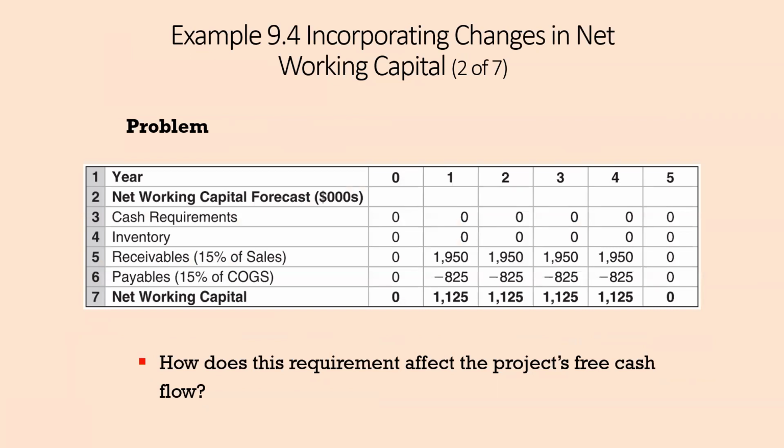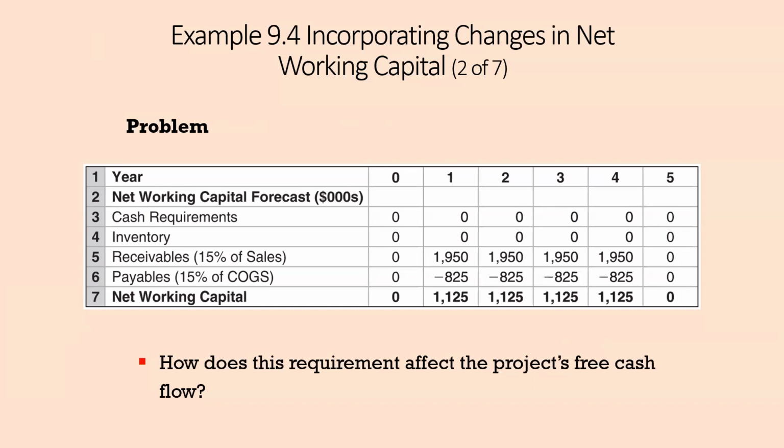And here you see it. You have year 0 through 5. Net working capital forecast. It's blank. You have cash requirements, 0 for year 1 through 5. Inventory 0 all the way through. Receivables at 15% of sales.